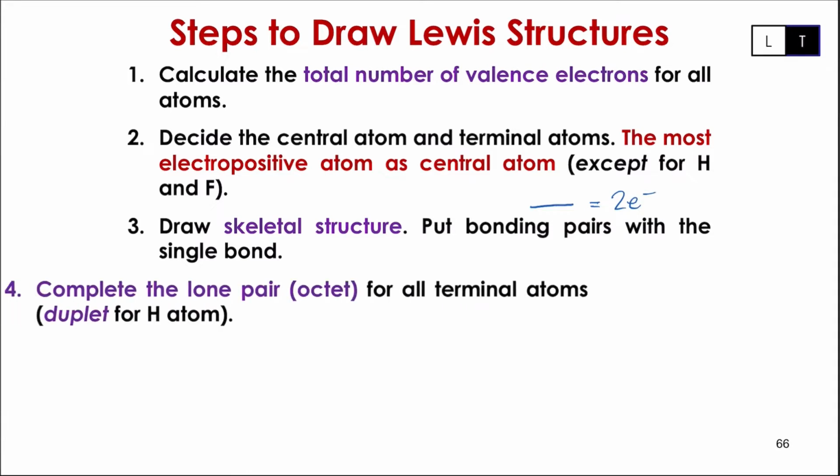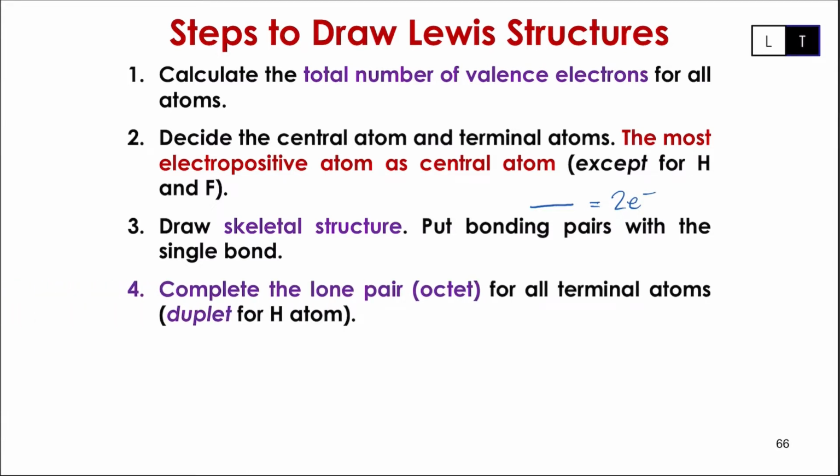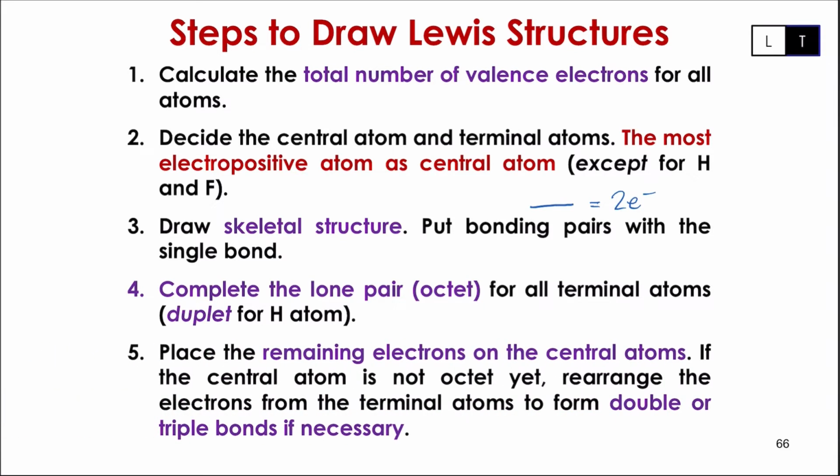And after that, complete the lone pairs untuk achieve octet configuration for all terminal atoms, and the remaining electrons akan diletakkan on the central atom. Sekiranya central atom is not octet yet, we are going to rearrange the electron sharing between the terminal atoms and central atom so that you can form double or triple bonds. This is only if it's necessary.